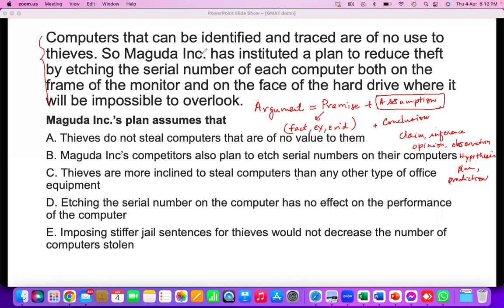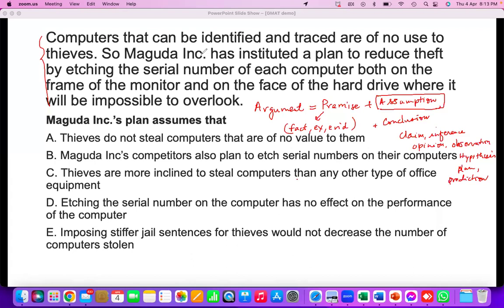So they will be punished. No one would like to be punished, and that's why they're not going to steal, isn't it? This is how you will justify it. In one line, what is that? Thieves do not steal computers that are of no value to them, isn't it?